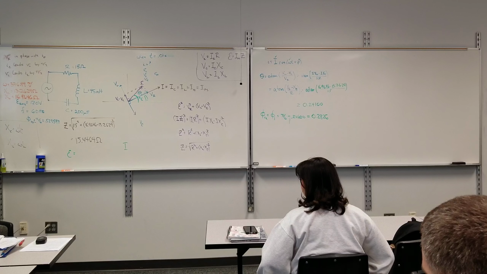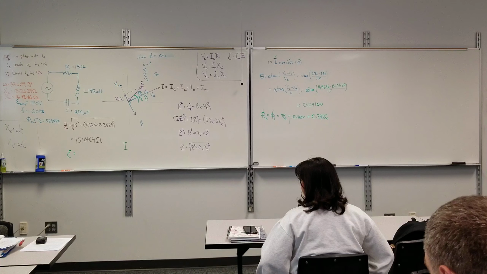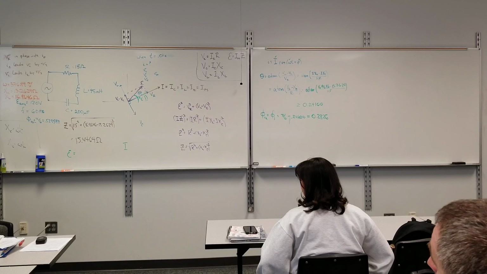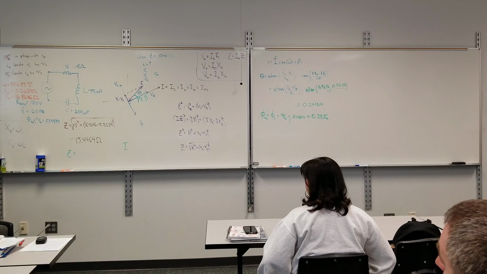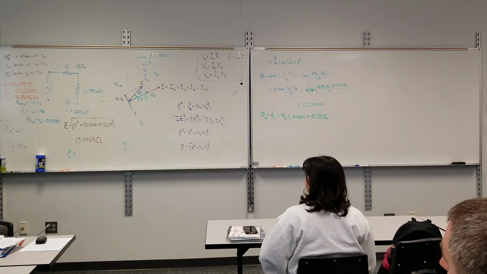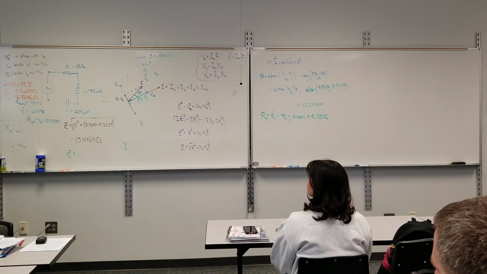Oh, for the final answer? How'd you get that? Voltage over resistance? What voltage did you use? 120? Yeah. And you need the amplitude. We're looking for amplitudes here. RMS value is an average. Oh, okay. A root mean square average. Then you just do the opposite of root mean square.